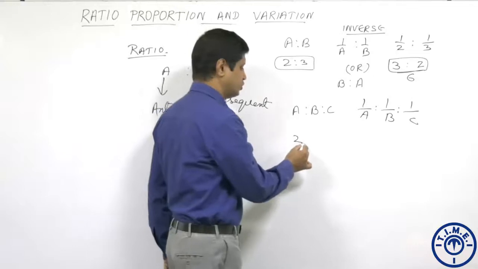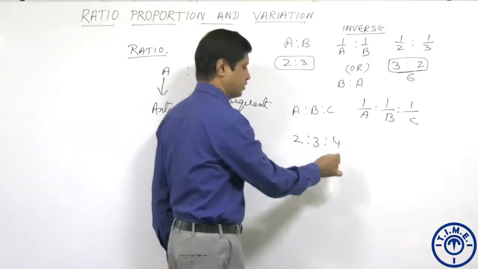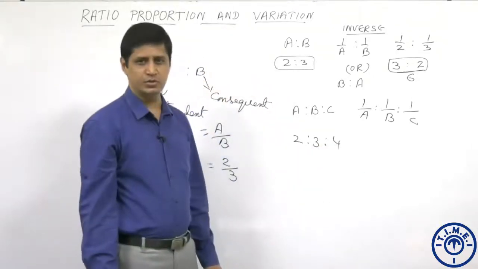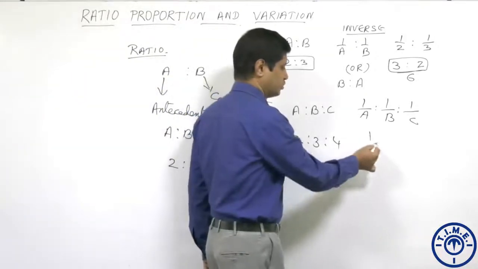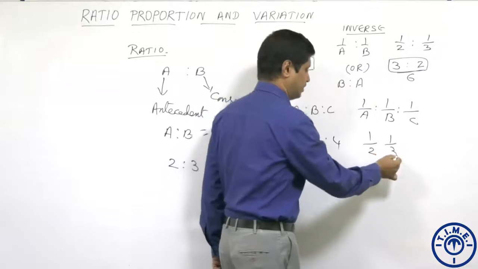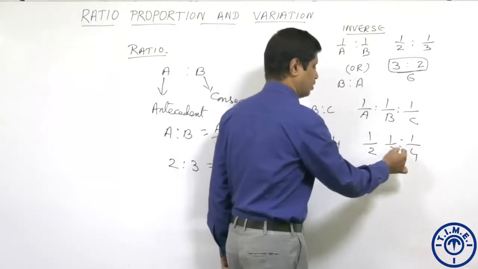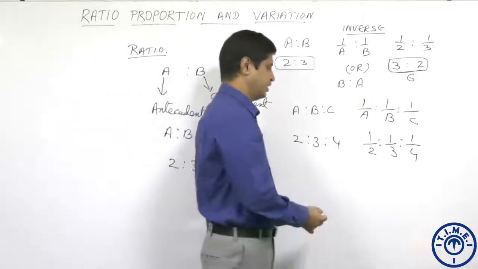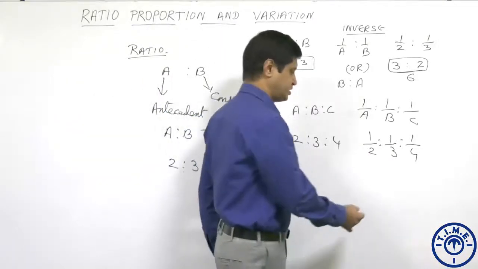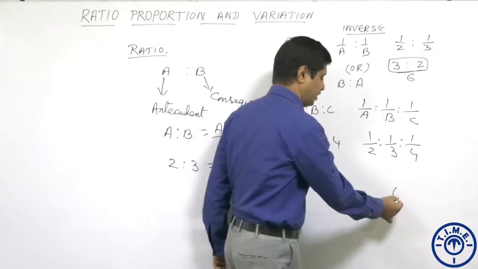Similarly, when the ratio is 2 is to 3 is to 4, let us take A, B, C as 2 is to 3 is to 4. Then what is the inverse ratio of it? Inverse ratio means 1 by 2, 1 by 3, 1 by 4. Converting the fractions into numbers, we need to make the denominators the same.